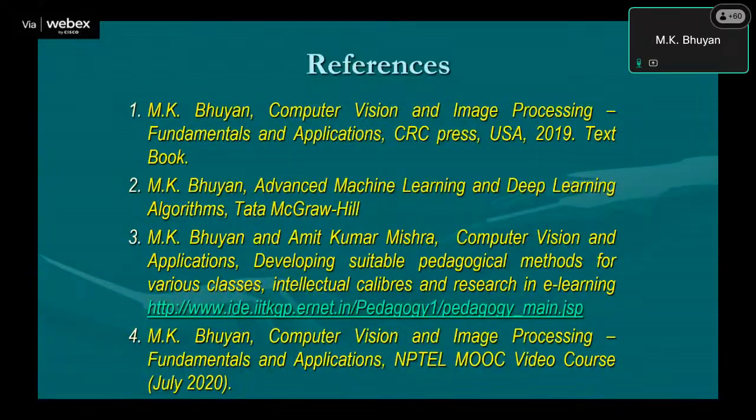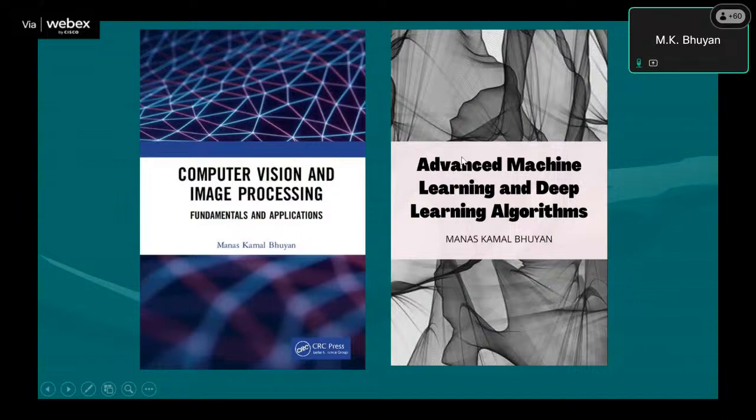Some of the concepts, like backpropagation and neural networks, are available in my computer vision book. Some of the figures I'm taking from another book, Advanced Machine Learning and Deep Learning Algorithms, which will be coming into the market very soon. Some of the figures I should not publish publicly because they are copyrighted.